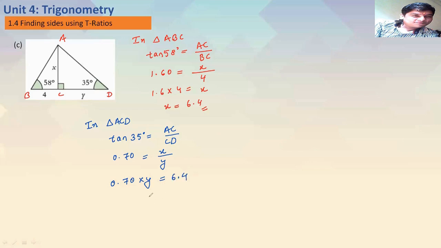Y would be 6.4 divided by 0.7. Go on, find it out. It's 9.14. Fantastic. Done.